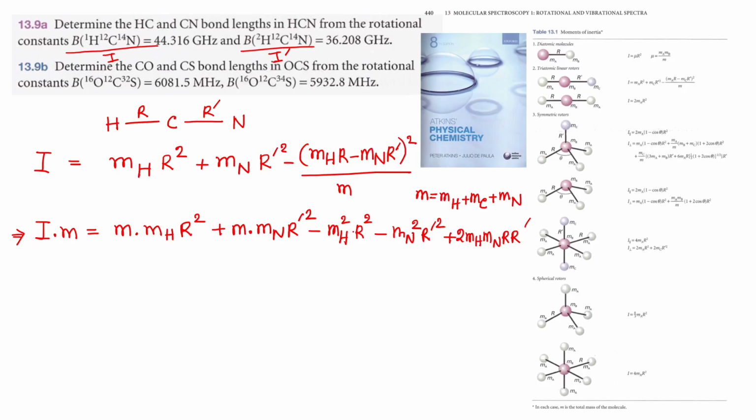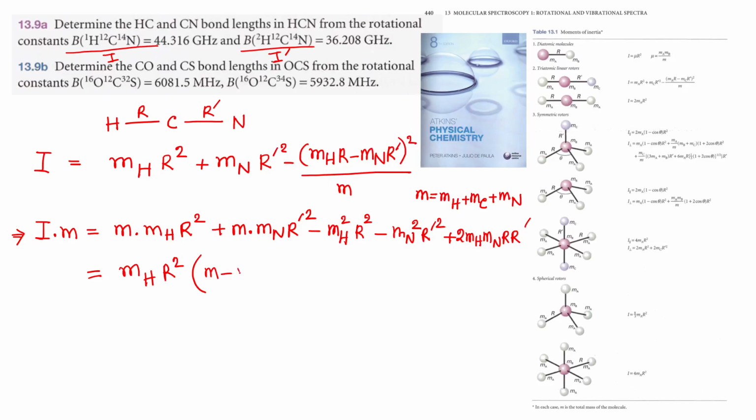So this is I into M, and then let us take common M_H r square. What we have, we can get M from here, and look at this minus M_H square r square.